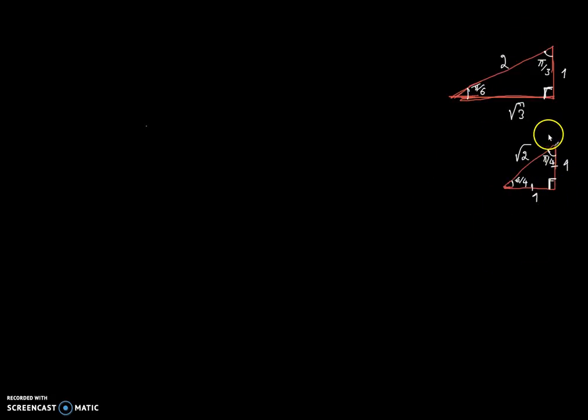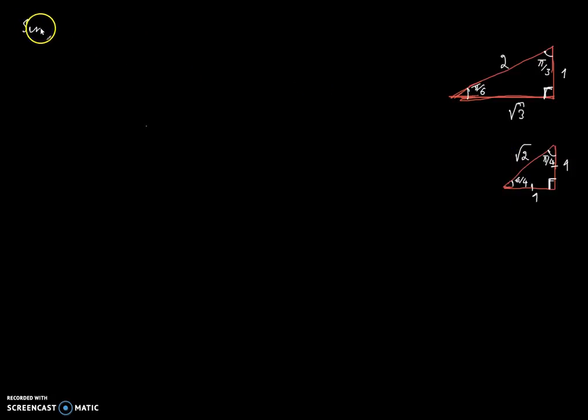So now, based on these triangles, you can write down the trigonometric ratios for these angles: pi by 6, pi by 3, and pi by 4. So let's start with pi by 4. Now you can read the ratios from this triangle.